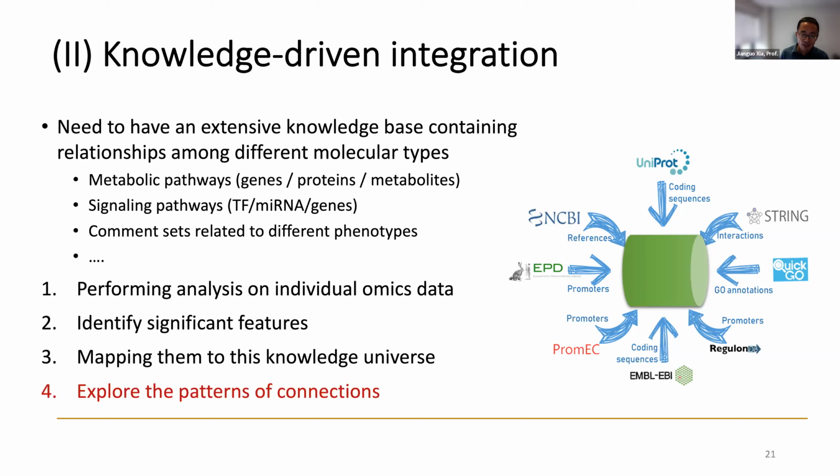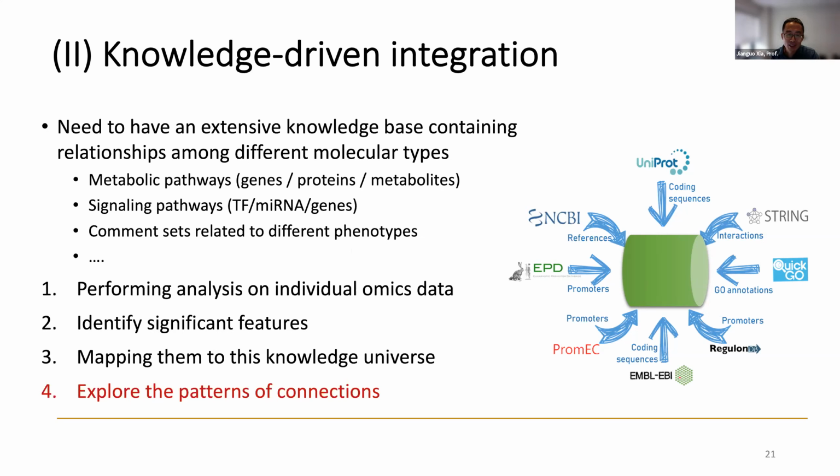pathways will be there. And then you continue to perform your individual analysis and you identify significant features. Then you can map all the features to the pathways and networks, and you can visualize them and see what patterns emerge, what all the individual molecules collectively on that big knowledge framework tell you.